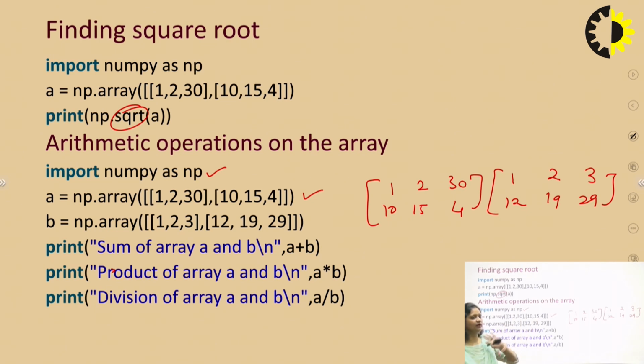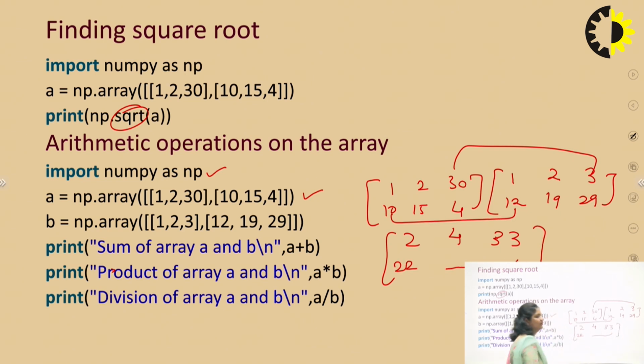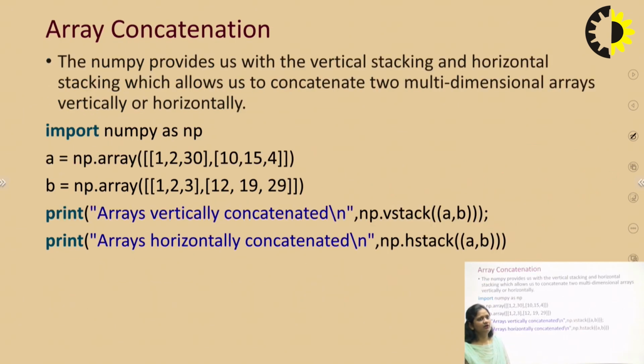So what will be the output? 1 plus 1, 2, 2 plus 2, 4, 3, 30 plus 3, 33, 10 plus 12, 22, and so on. Okay. Similarly, if we have to find the product or division of the array elements, we directly use the addition, subtraction and related functions.